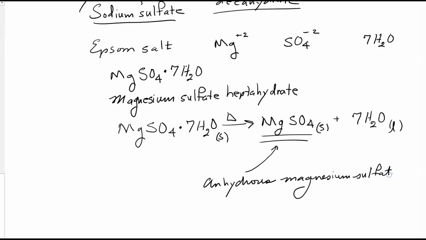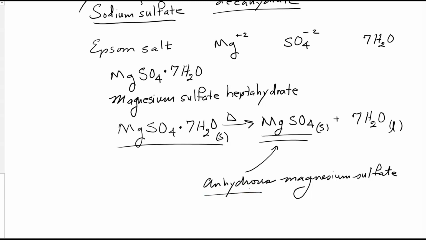This may be necessary to emphasize the fact that we had started with something which was a hydrate, magnesium sulfate heptahydrate, and we were able to warm it gently and produce anhydrous magnesium sulfate.